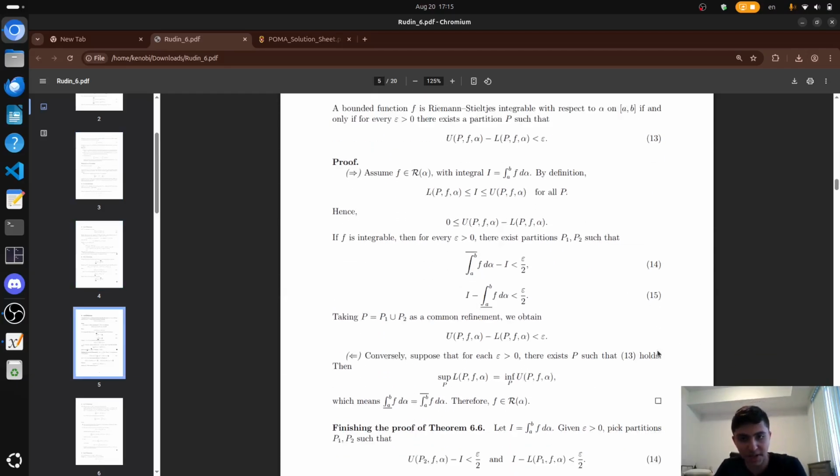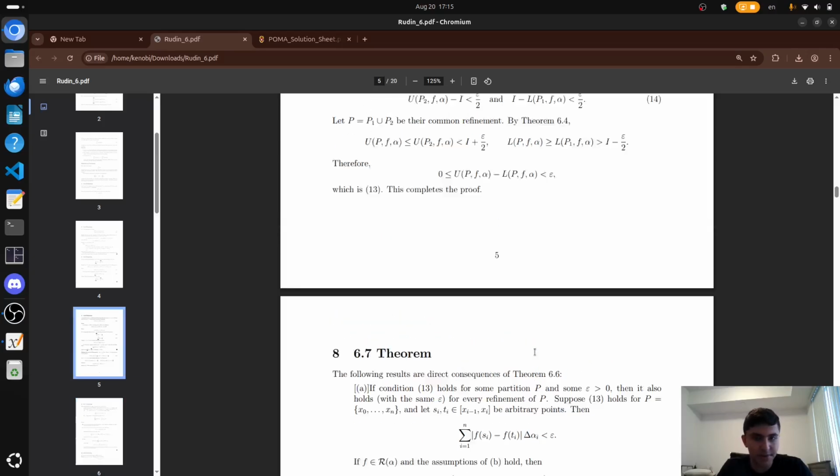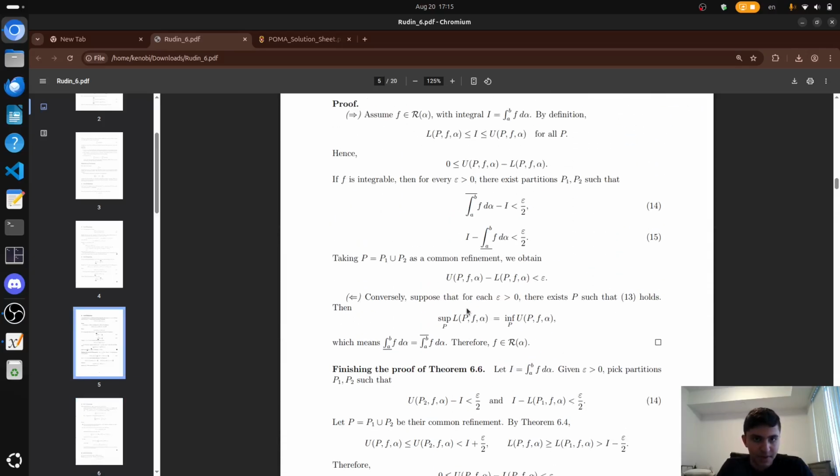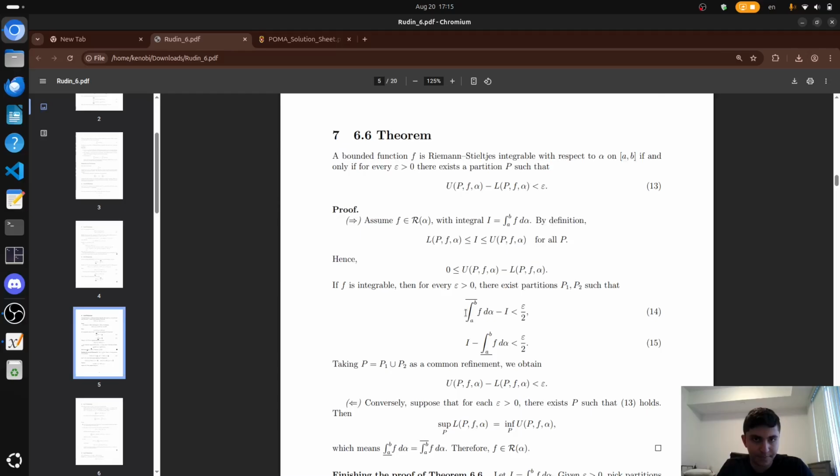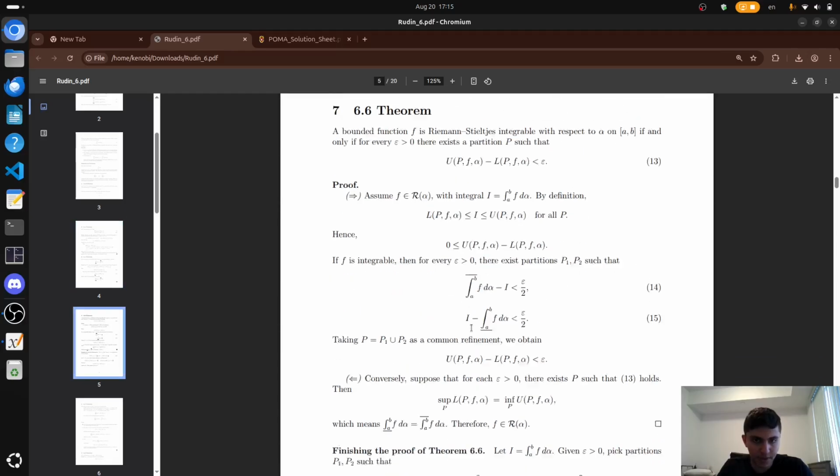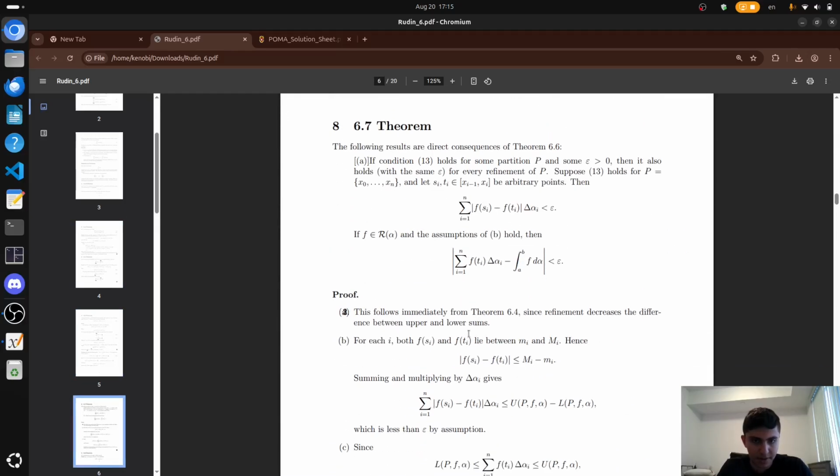That's the strategy. Basically, it comes from theorem 6.4. Let's go back. Yeah, it comes from theorem 6.4 as it says over here.